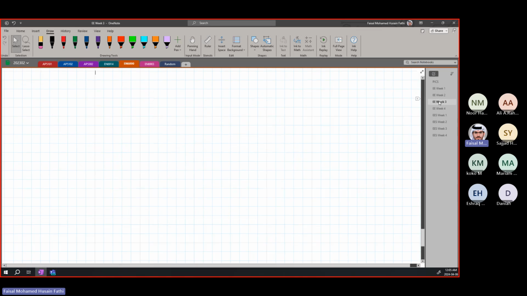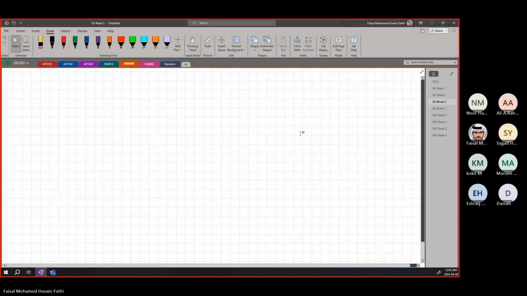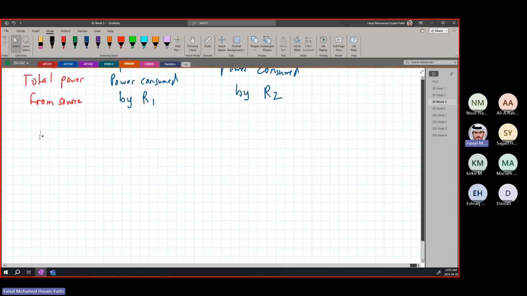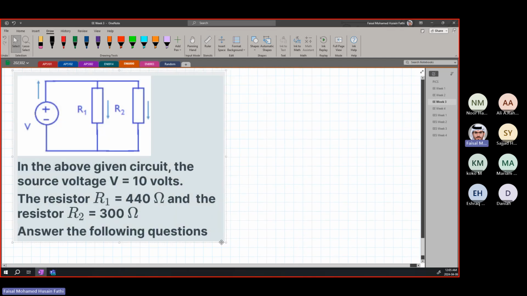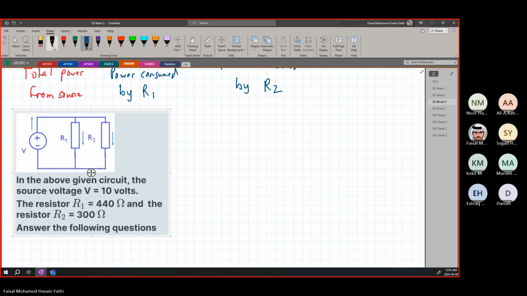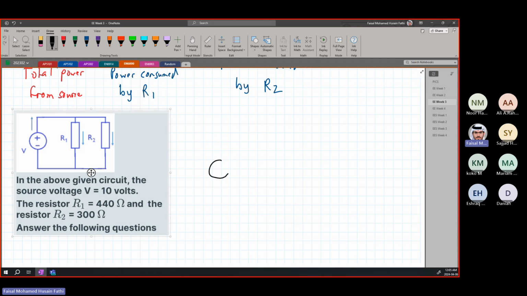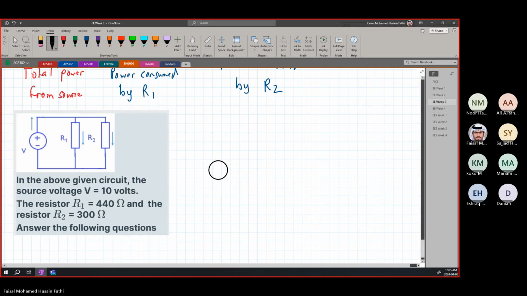So parallel, obviously, it's going to be a little bit different. If you notice, if I just redraw the circuit, I want to draw it properly so that I can explain properly. So we have the voltage source given.